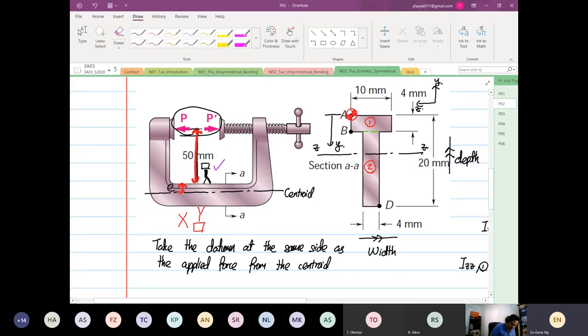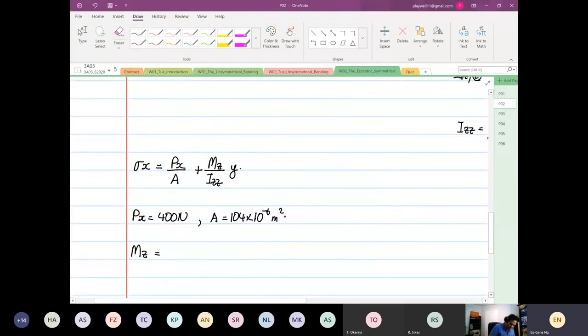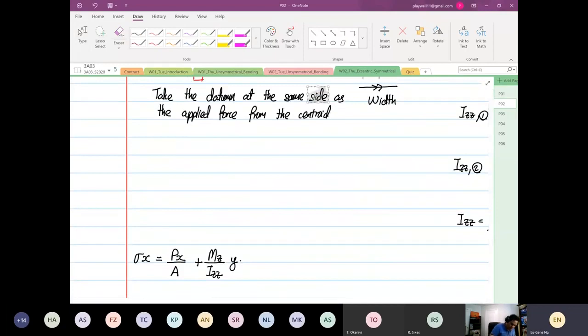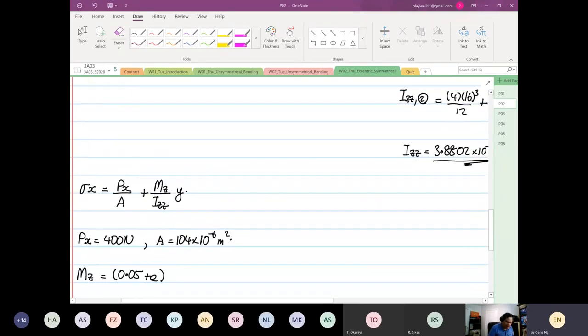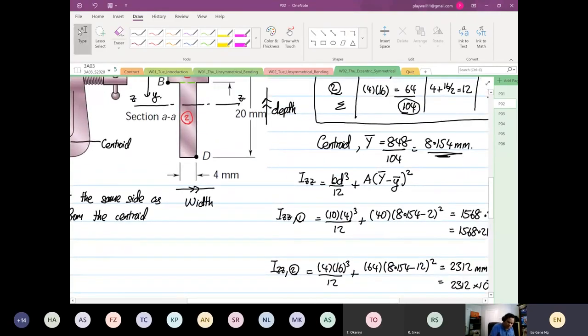I'm going to call this point E. So it's equal to 50, or in meters 0.05, plus E. And E corresponds to 8.154 times 10 to the power minus 3.